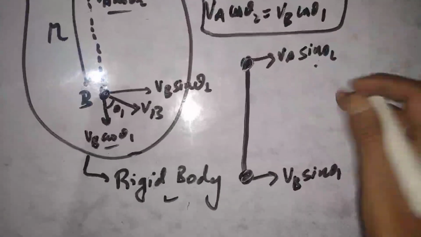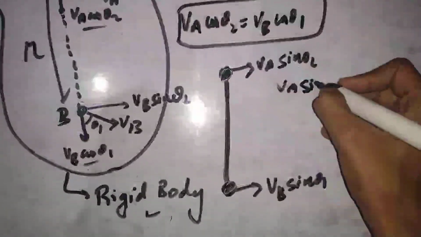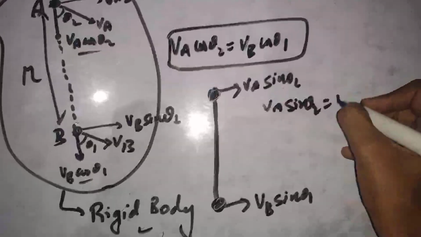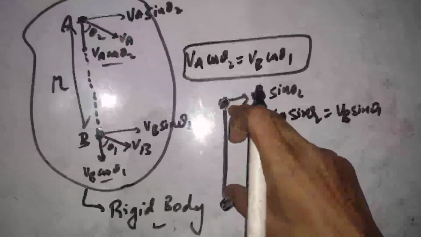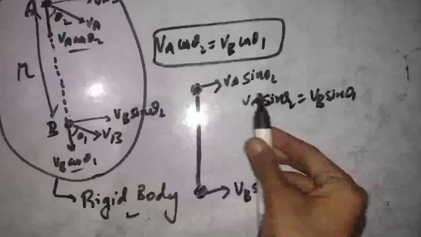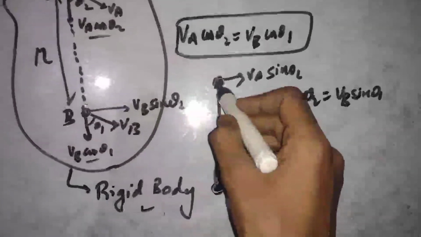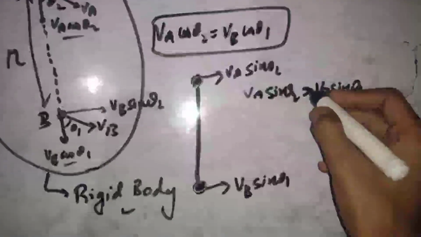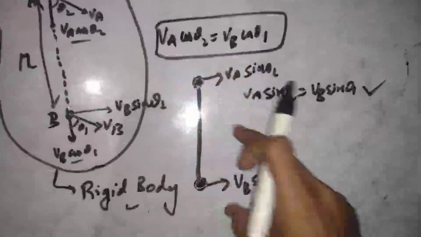For these two velocities, the first condition is VA sine theta 2 equals VB sine theta 1. If these two velocities are the same, the rod will move like this, and this particle will be at rest relative to the other. This will hold true if both velocities are the same.